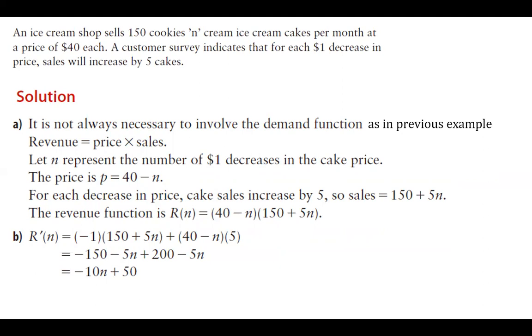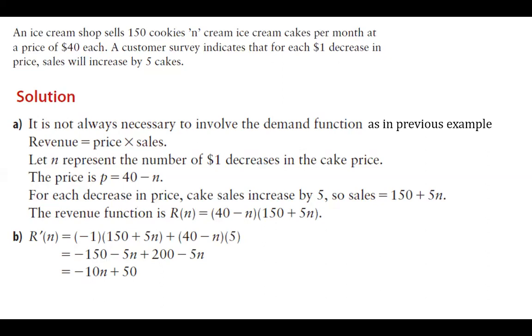So for each decrease in price, cake sales increase by 5. So the sales of the cakes is 150 plus 5n. So we can express the revenue function R(n) as (40 minus n) times (150 plus 5n) without explicitly finding the price function, right?